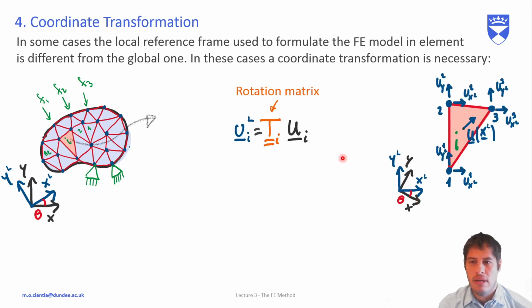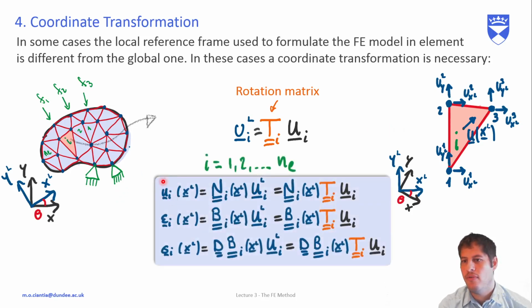Okay, so given this, it's straightforward that for each element I, from 1 to the number of elements, the displacement inside my element I in the local coordinate system will be equal to our shape function times this transformation matrix times the nodal displacement of element I in the global coordinate system, okay? And given u, again, we get epsilon and sigma in the same way.